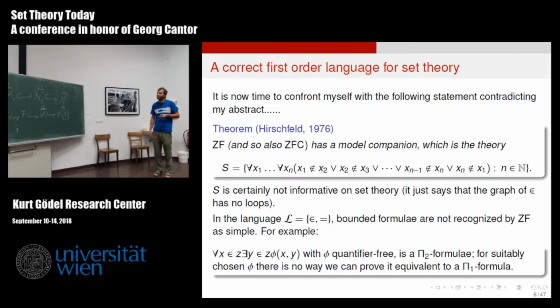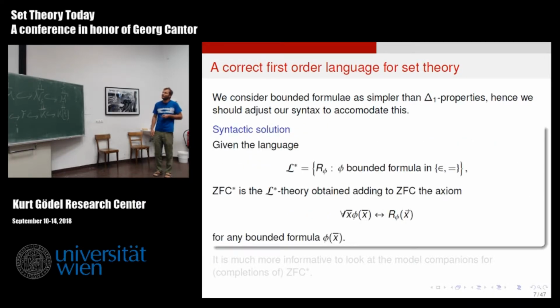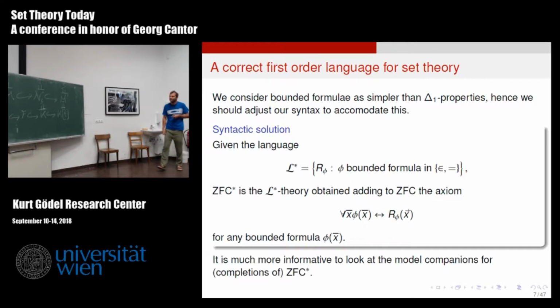So what you do, well, the simplest solution is we add a predicate for every bounded formula, and we add the axiom stating that the bounded formula holds if and only if the predicate holds. Okay? And now we study this. And this is the theory for which we are going to look at the model companions, okay?